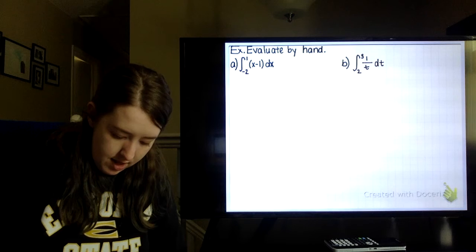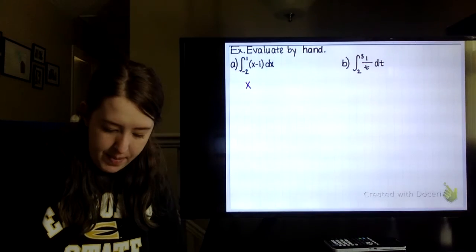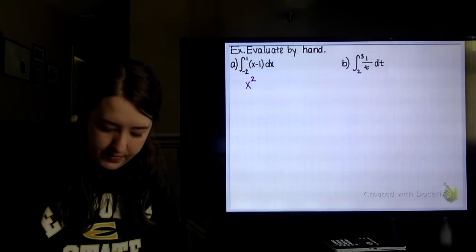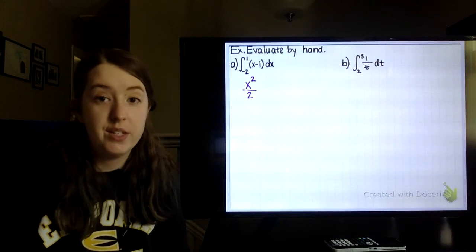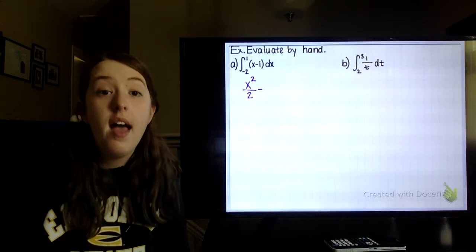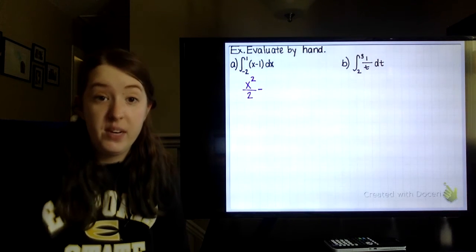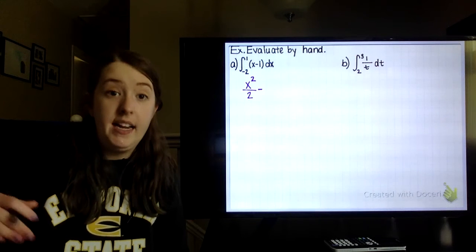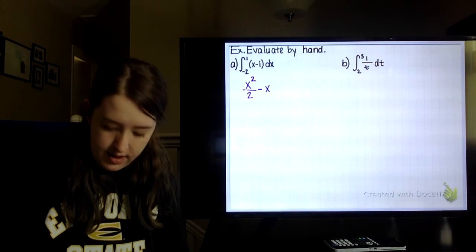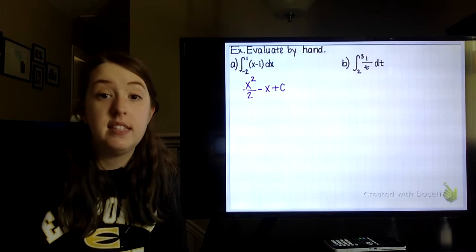So I need to add 1 to my power and divide by my new power. So that's why I have x squared over 2 minus, and then the derivative that would give me 1, that would have had to be x before this. So that's x.